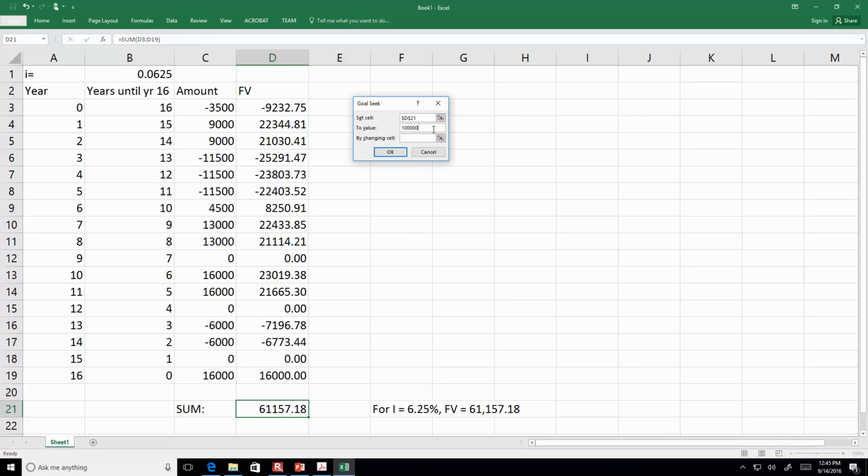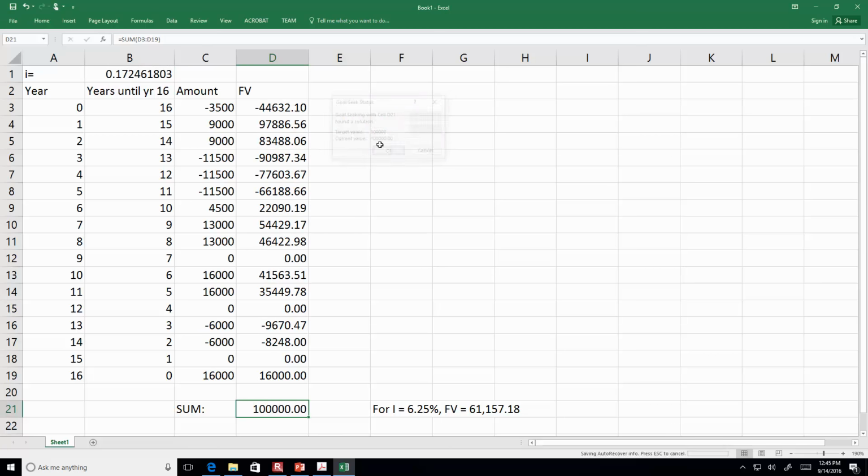And then the final thing it needs to know is where in the spreadsheet can it go and play around with some number over and over, iterating until it achieves that goal. So it's asking, what is it okay to change? And we're going to tell it the interest rate. Change the interest rate. So as soon as we click OK, it's going to start putting in lots and lots of values until it converges, until the numerical solution that it finds is equal to our goal. So we click OK, and very quickly it finds that it would be 17.2%.